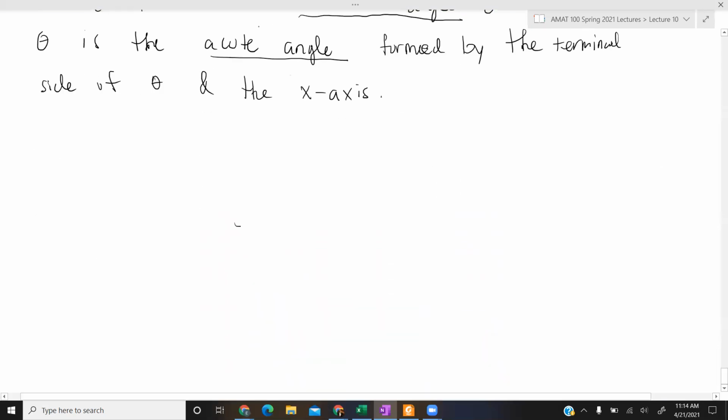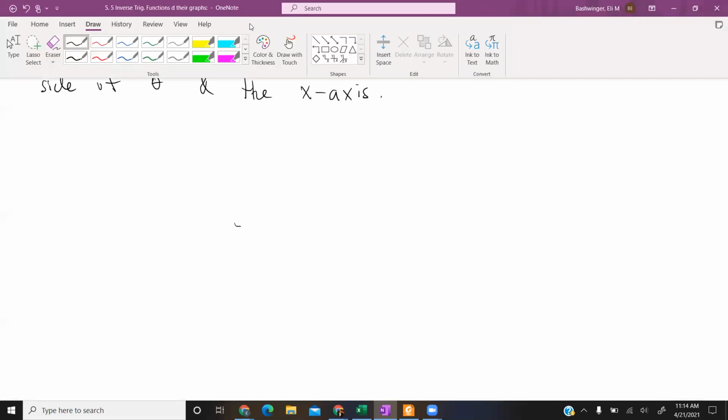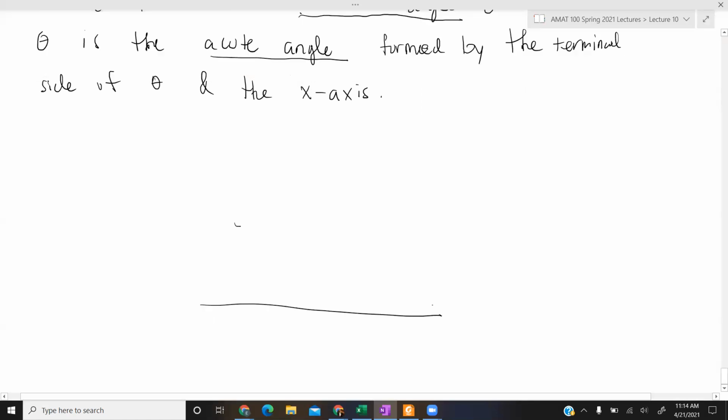So let's draw a picture to figure out what's going on. I have my XY plane, and I'm imagining that the x-axis is being rotated by some angle.